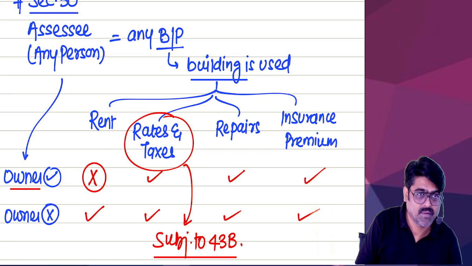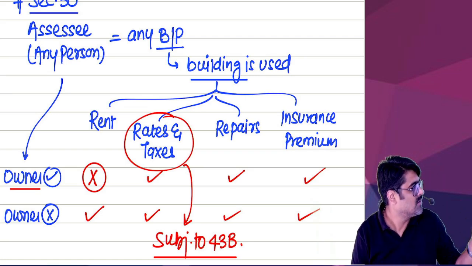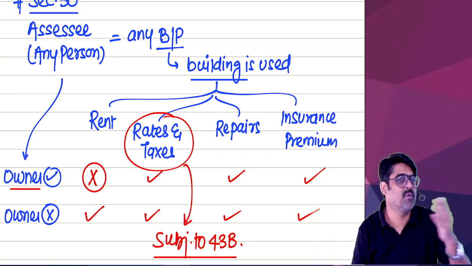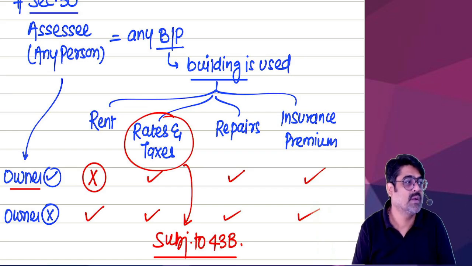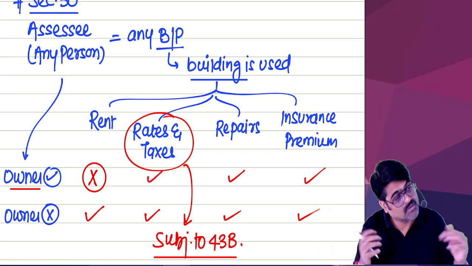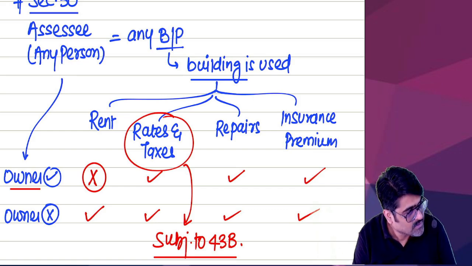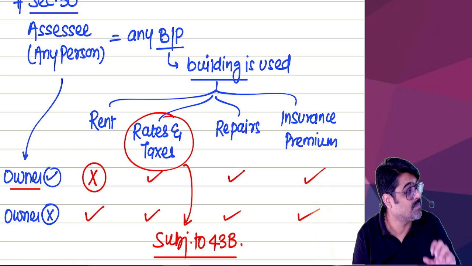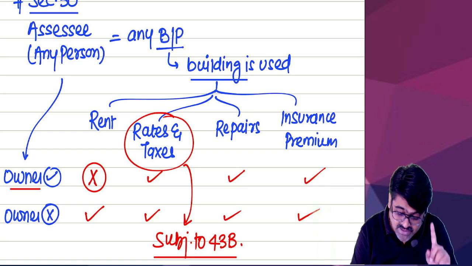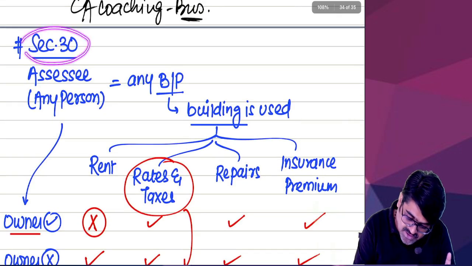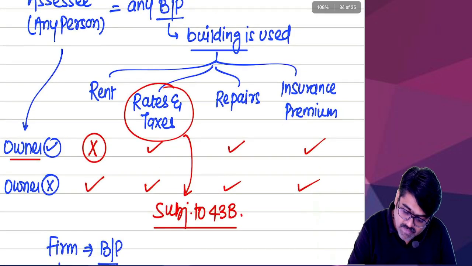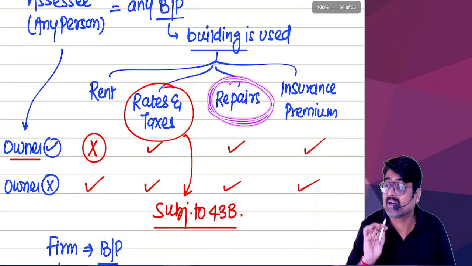Getting my point? Painting done. Walls are too dirty, so I got the walls painted. What is this? Repairing only. Because of that, the value and capacity of my building is not increasing, so this is current repairs. Deduction under section 30 will be available only for current repairs.